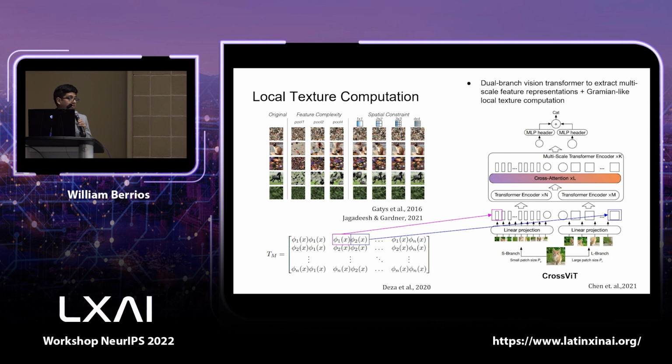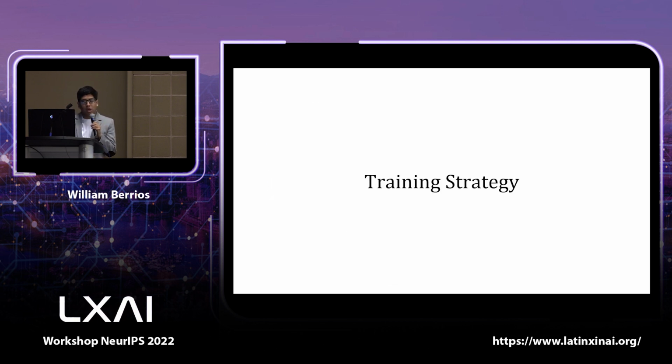Also, despite the emergence of global texture bias that you might have seen in the paper of Berrios 2019, recent work by neuroscientists and the machine learning community mentioned that local texture computation might be pivotal for the object recognition task. For those reasons, we chose this dual-branch vision transformer to extract multi-scale feature representations and brain-like local texture computations, which is called CrossViT, developed by a team at the MIT-IBM lab.